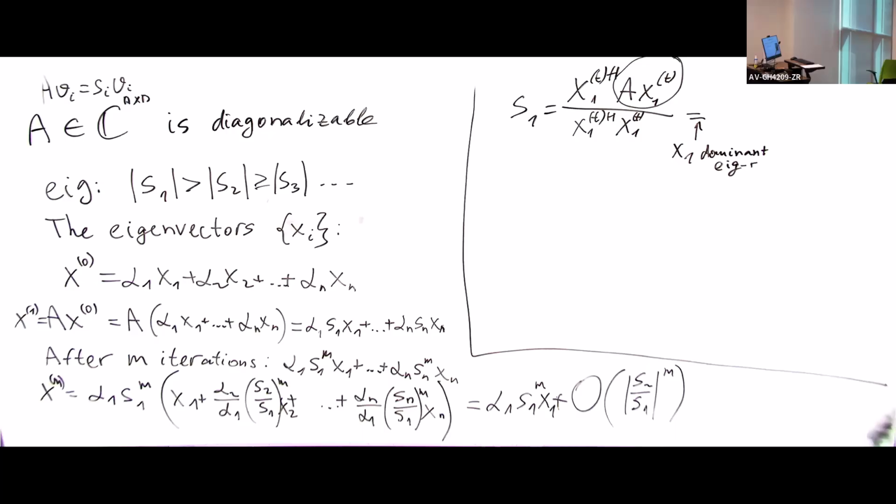It's just alpha 1 times S1. So this will be just X1 Hermitian transpose times S1. But S1 can move outside here.